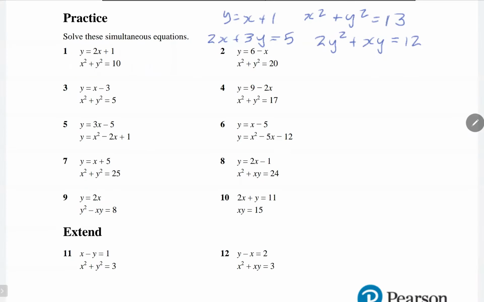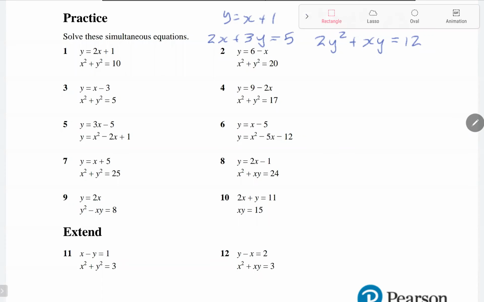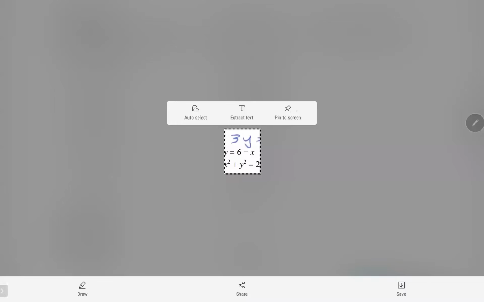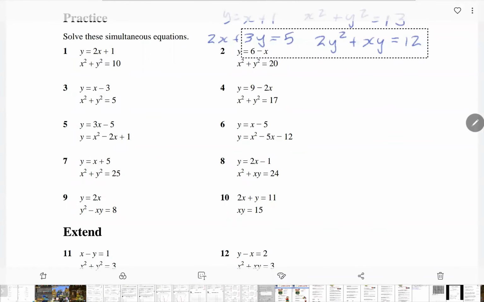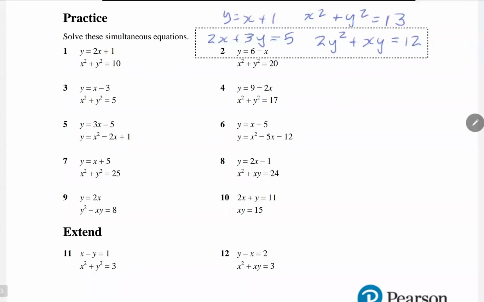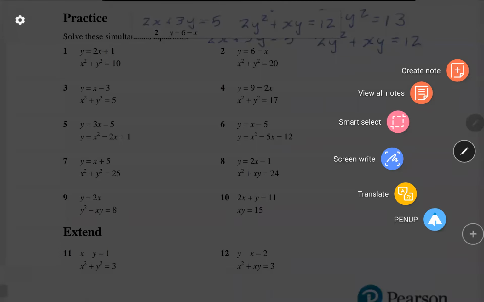I'm going to do this pair. Not that. Wrong selection. I'm going to do this one next that I've written out. That's the one that I'm doing next. Show you something with this one.